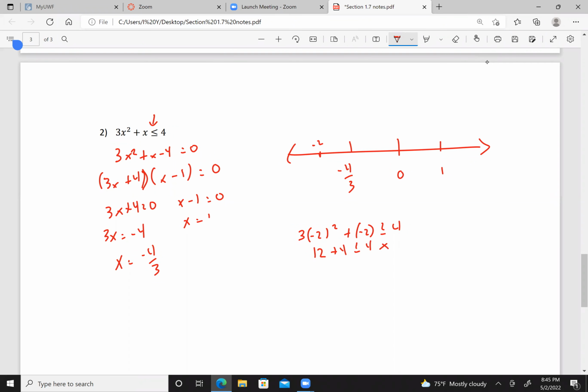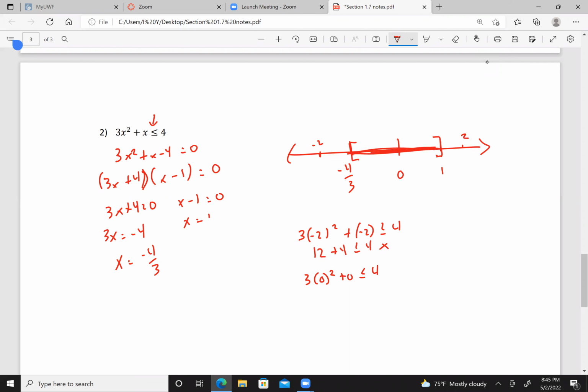Okay, my next group is between them, from here to here. So use 0. 3 times 0 squared plus 0, is that less than 4? And it is. So what is this telling me? It's telling me brackets, and this section.